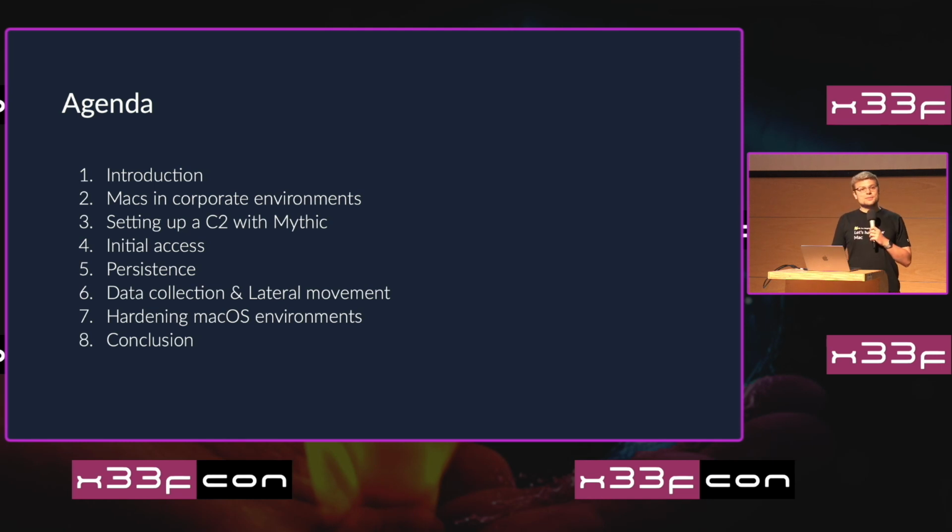So we'll start from an introduction, and then we're gonna compare Macs in corporate environments. Then I will share my thoughts on Mythic, that's a C2 framework mostly for Macs. And when we have everything set, our environment will be set up, we'll start from initial access, then persistence, and when we have the persistence, standard data collection and lateral movement.